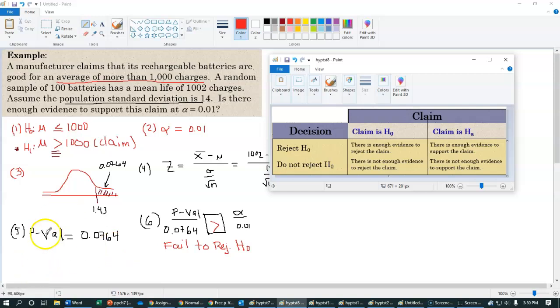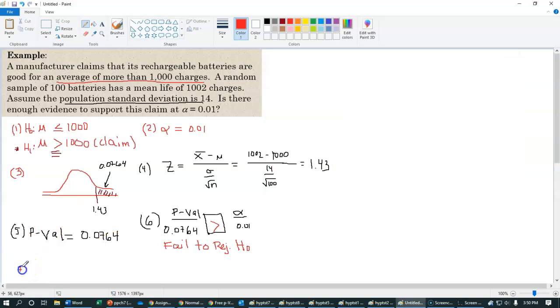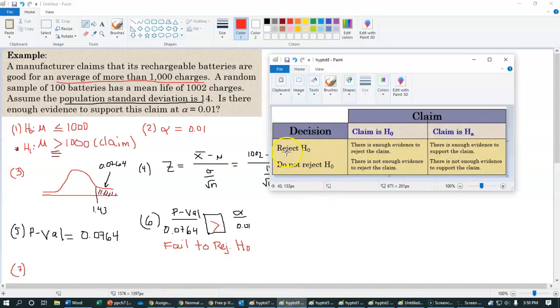Okay. And step number 7, the way I make the interpretation is I need 2 things. I need to know what was my decision. Our decision was fail to reject. So it will be the second one here. Do not reject H0. So I'm in the second row. And the second thing I need to know is where is my original claim.